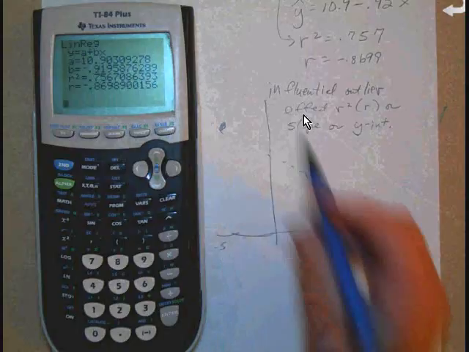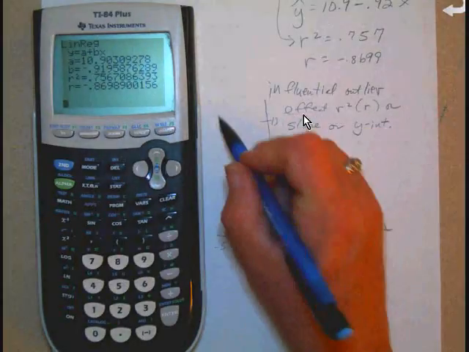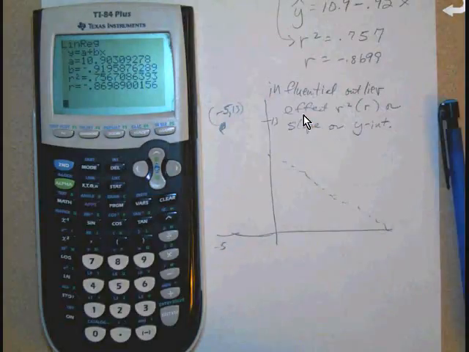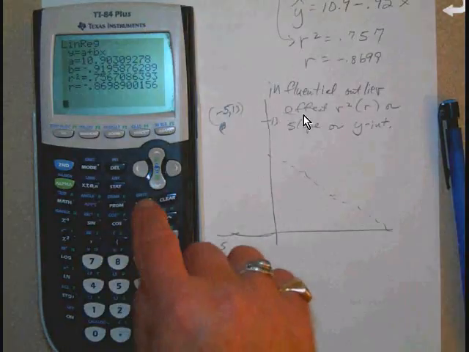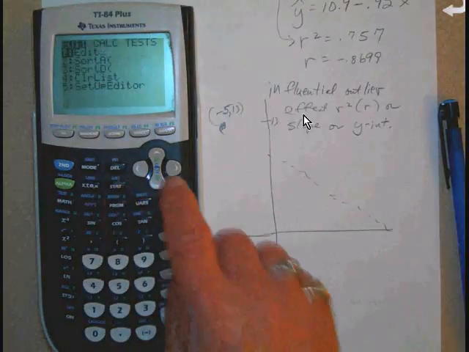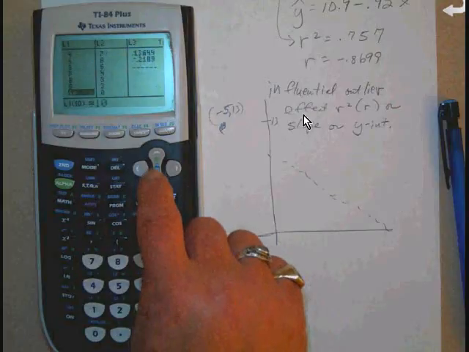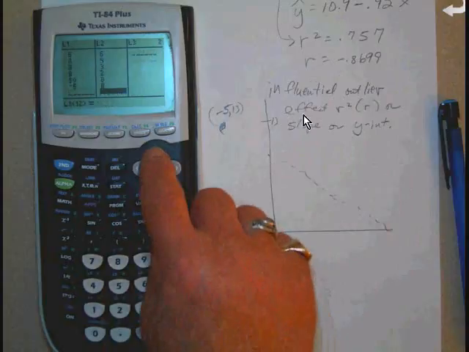Negative 5, 13. All right, so let's hope this one shows up as not being too influential. So let me change that 8 and 8 to negative 5, 13.